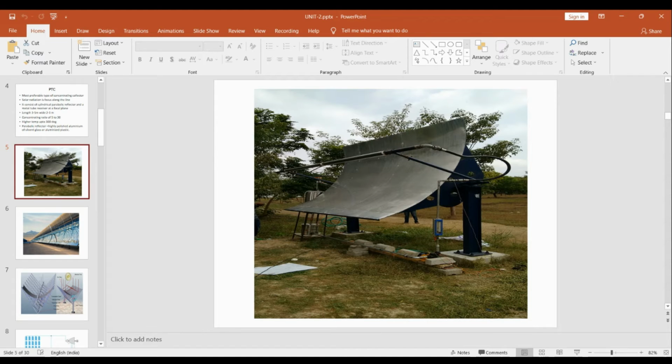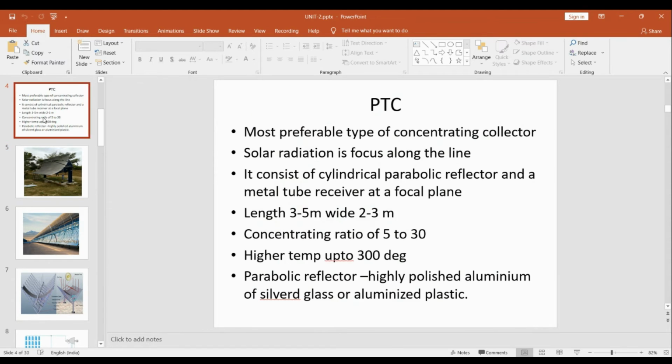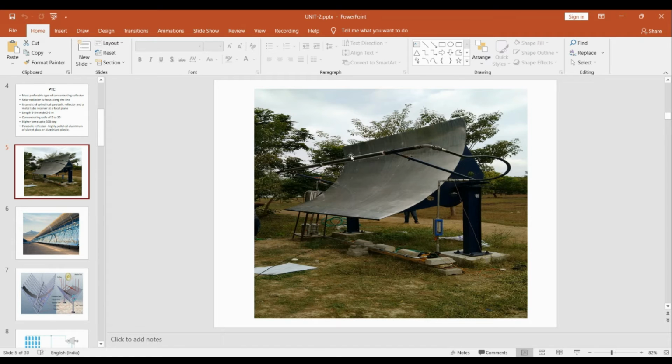So it consists of the cylindrical parabolic reflector and the metal tube receiver at the focal plane. As I showed, this is the metal tube receiver, and then the cylindrical parabolic reflector. It looks like a parabola shape, right?